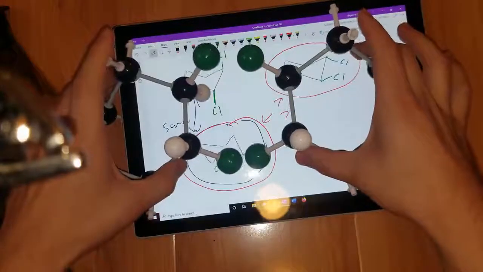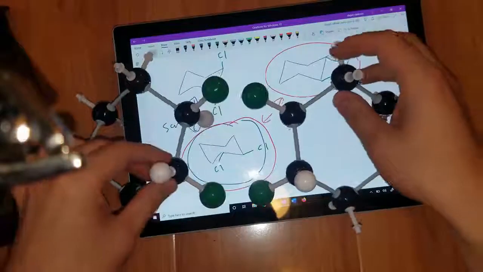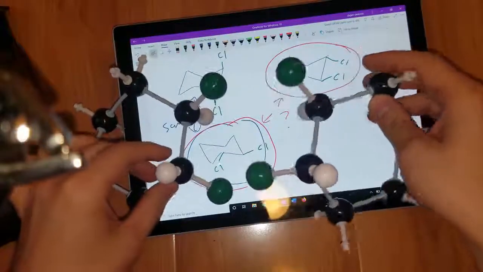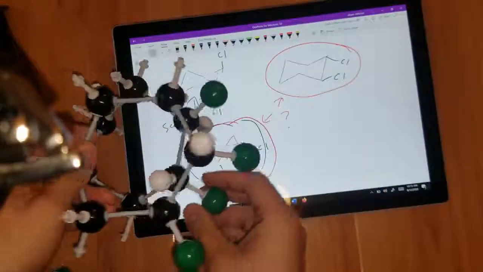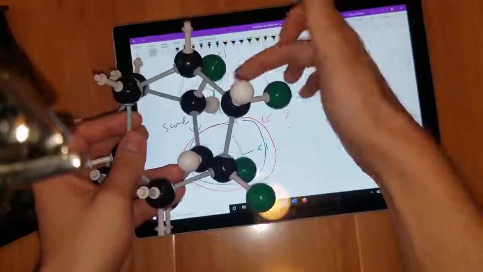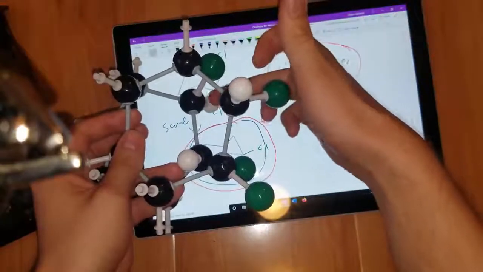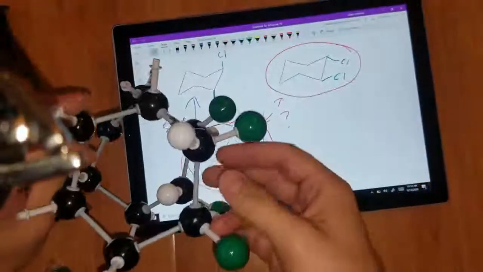Now the question is, are they non-superimposable? I can't superimpose my thumbs. Can I superimpose these molecules? If I try to rotate this 180, you'll see it does not superimpose. This hydrogen here is pointing up. This hydrogen here is pointing down. So we can't do that. And then what if we try to flip it like this?